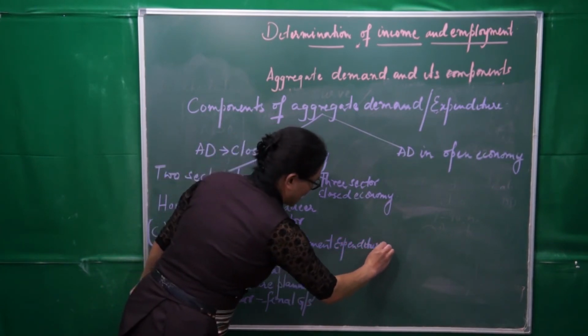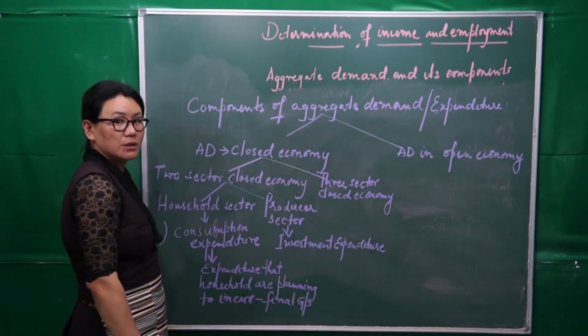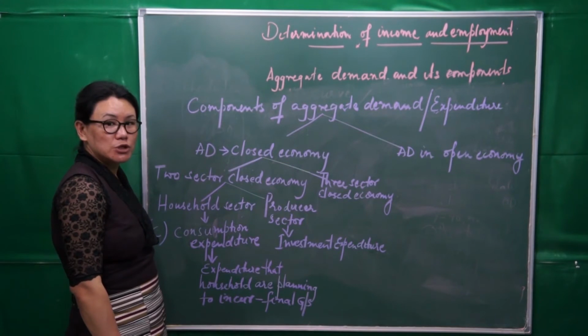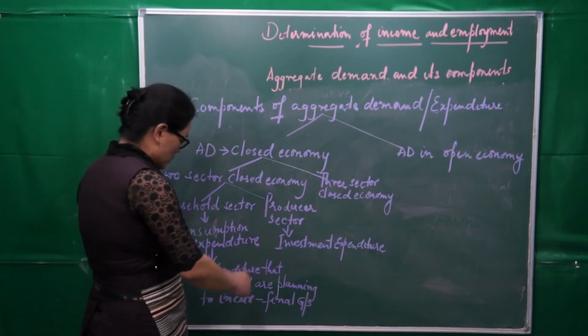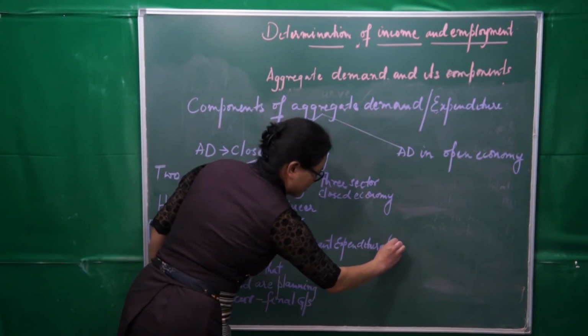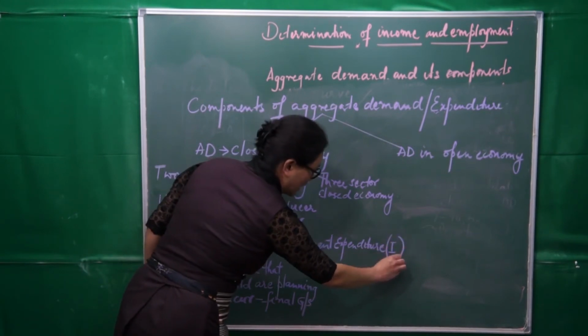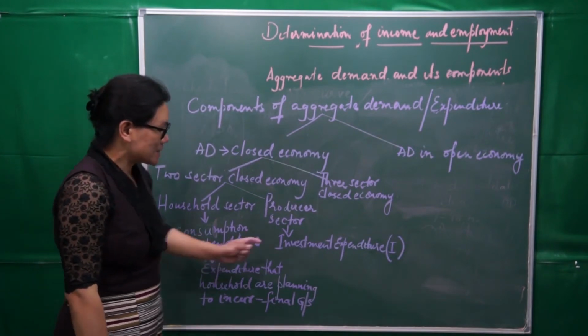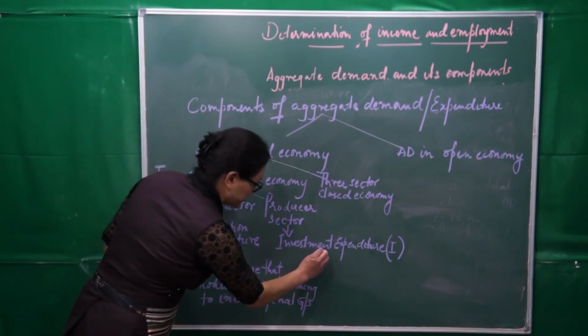Expenditure made by the producer will be called as investment expenditure. And this one is represented by I here.